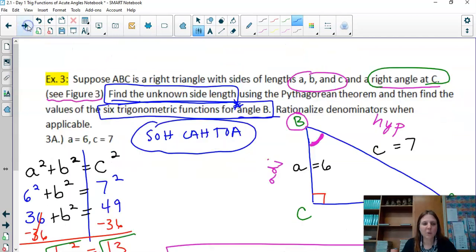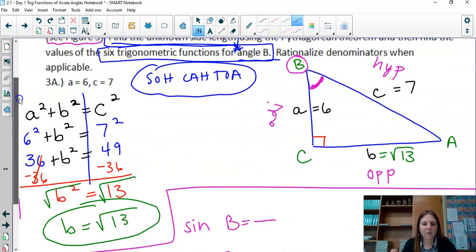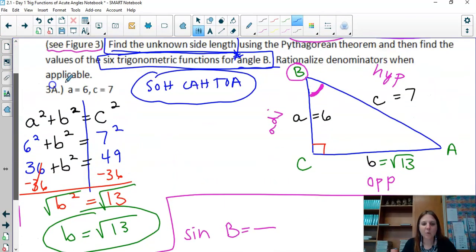Okay, so I'm going to start with the sine of angle B, and the sine, remember, is the opposite over the hypotenuse. So opposite over hypotenuse. Square root of 13 over 7.